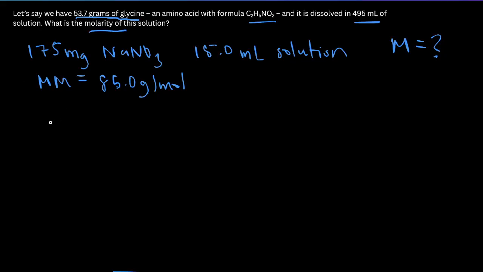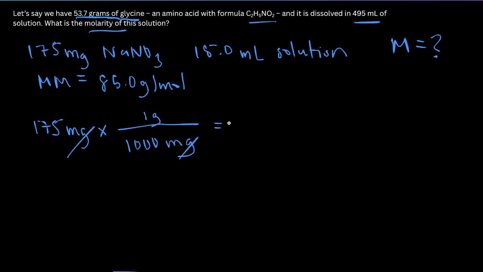So we see that we have 175 milligrams. Okay. How do we go to grams? Well, we know that we have 1,000 milligrams in 1 gram, telling us that we get 0.175 grams of our sodium nitrate. Okay, cool.